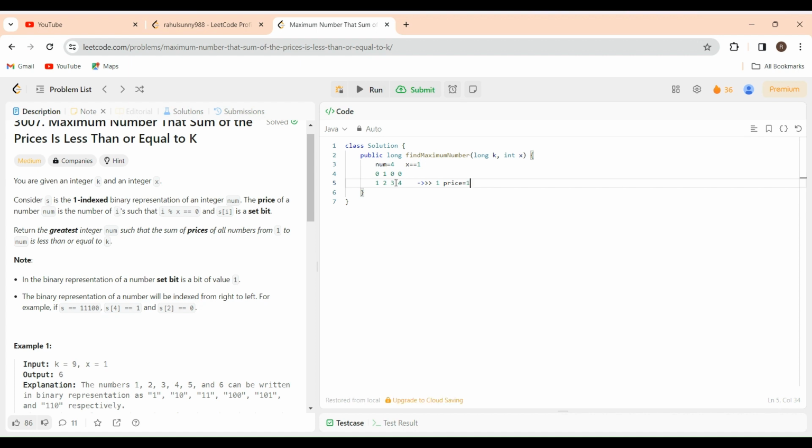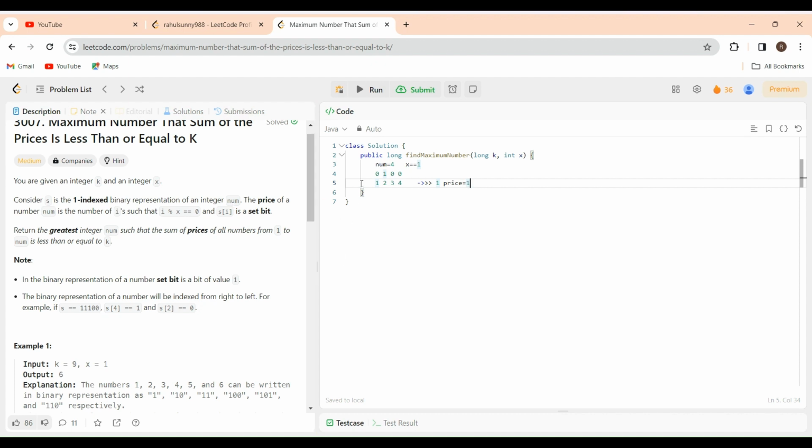For 3, it is also divisible by 1, but it is not a set bit. For 4, it is also divisible by 1, but it is not a set bit. So the overall price of num here is 1, since only one i is present where s[i] is a set bit and i % x is equal to 0.